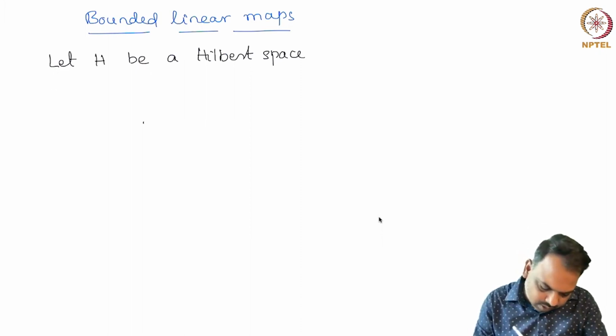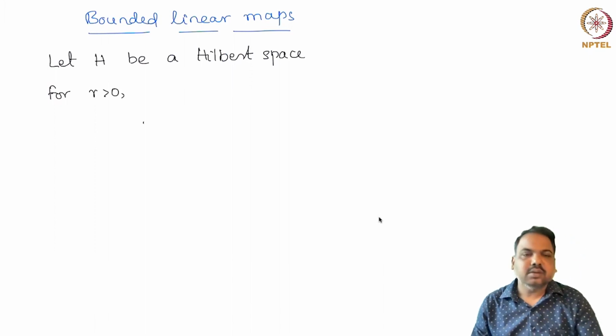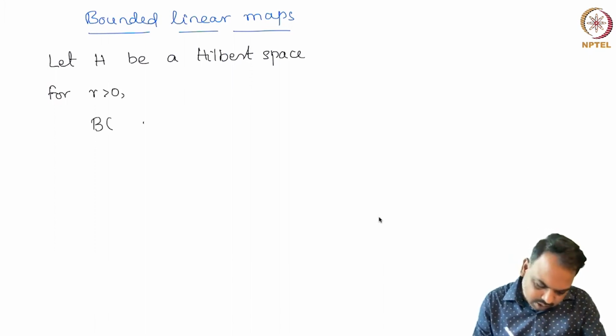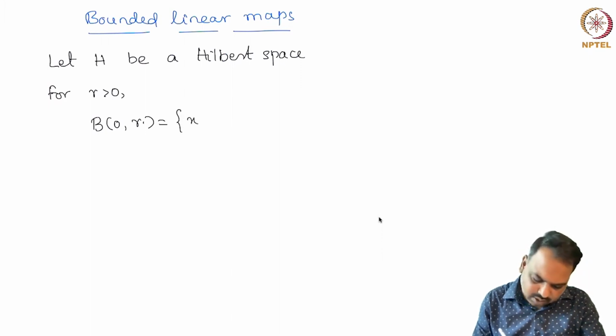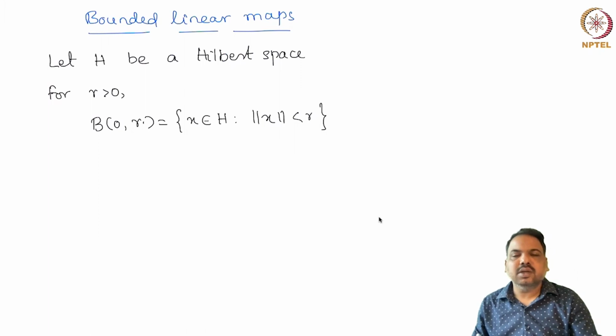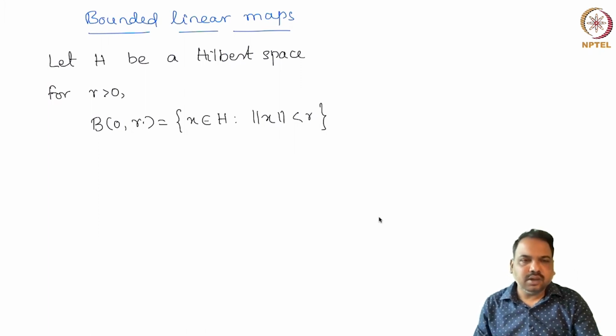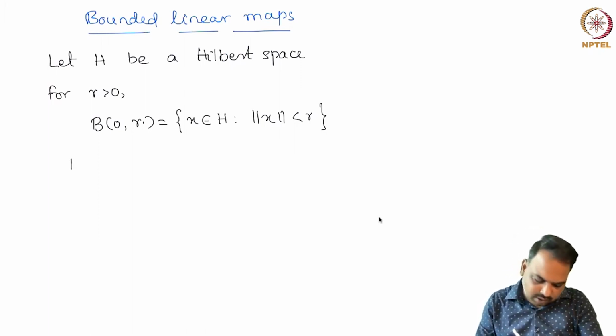So for r bigger than 0, B(0, r) denotes the set of all x in H such that the norm of x is less than r. Here the norm is nothing but the norm induced from the inner product of H. So the norm of x is the square root of the inner product of x with itself.